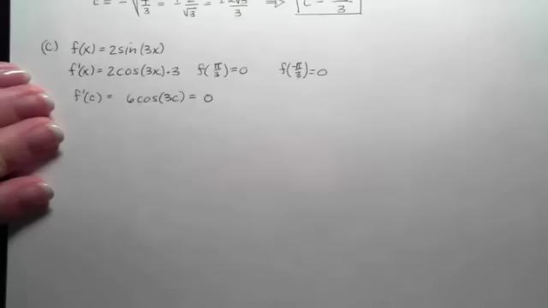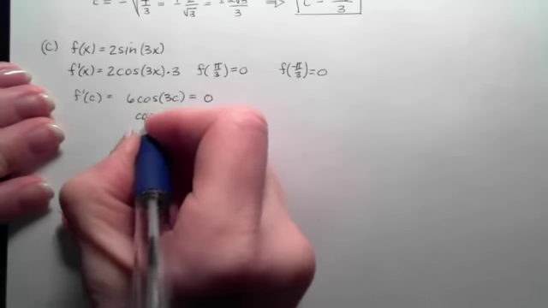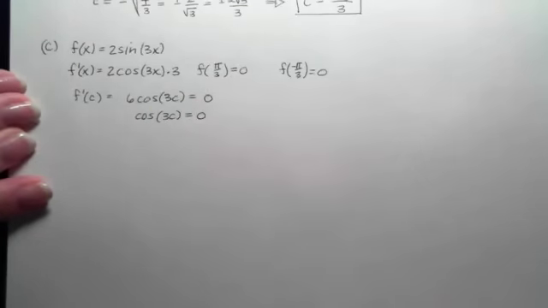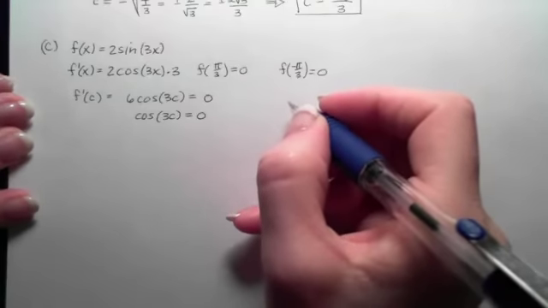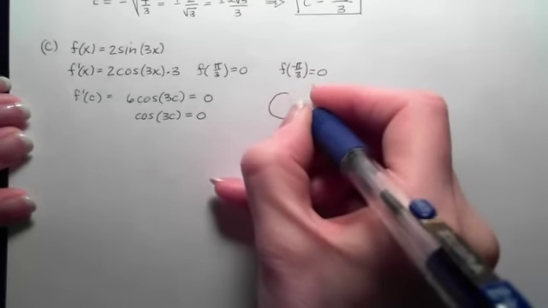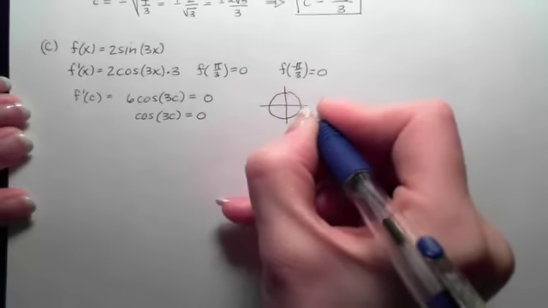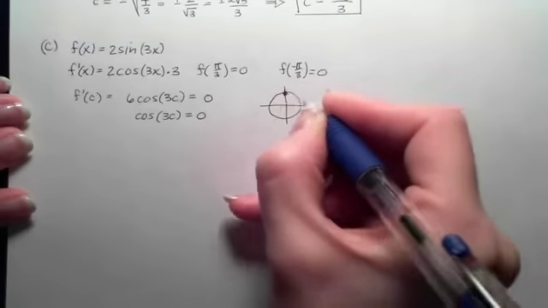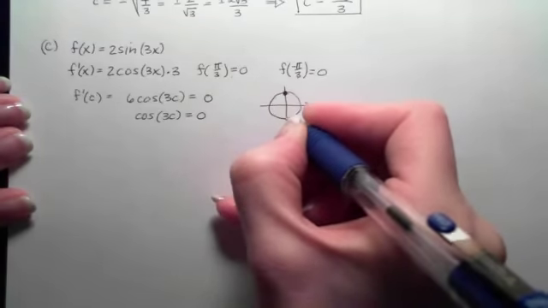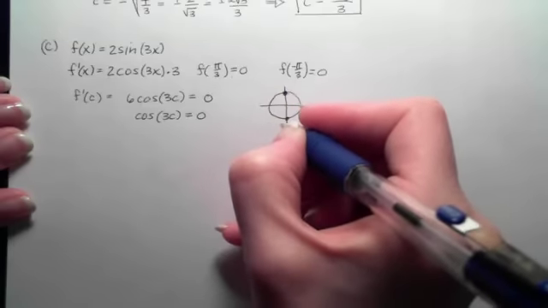So we're interested in knowing, when does a cosine equal 0? Well, cosine equals 0 anytime the x-coordinate on the unit circle is 0. So we can go around that circle a whole lot of times. We could go positive pi over 2, positive 3 pi over 2, 5 pi over 2, 7 pi over 2, and I could keep going around counterclockwise.